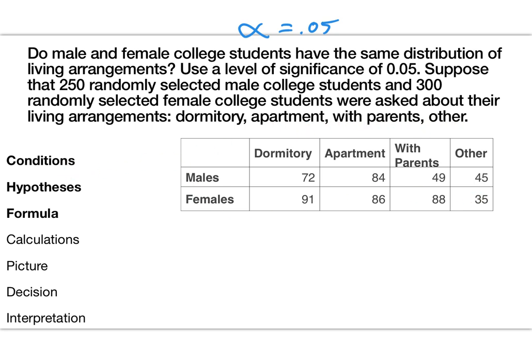And here's the data. If that's my data, my conditions are, in this case, I first notice that I am taking it from males or females, which means that's different populations. Which means if I'm going to do something, it would be the chi-squared test for homogeneity. But let's continue. Are all of my values at least 5 in the table? 72, 84, these are all at least 5?